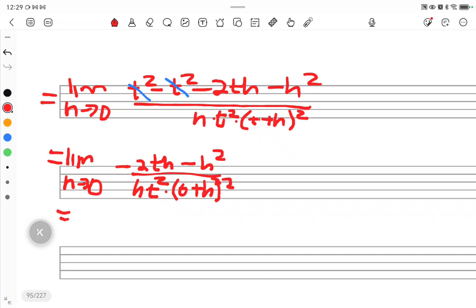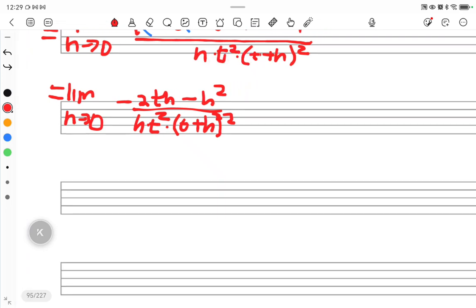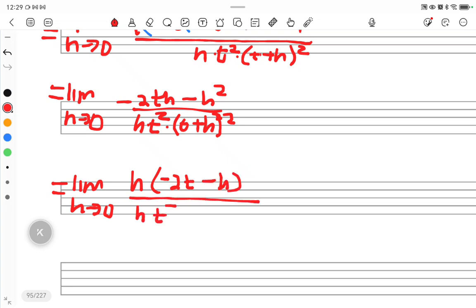Then here we would have the limit as h approaches 0, we factor out h, we would have minus 2t minus h all over h times t squared times t plus h all squared.